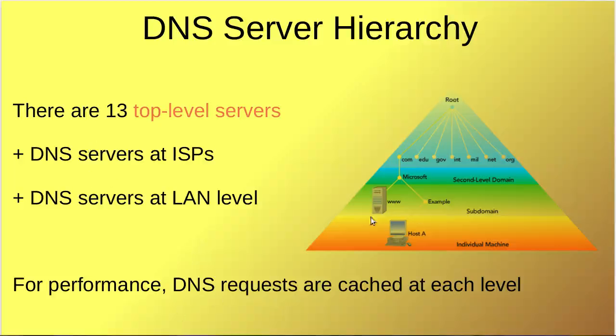So if you are at this host, an individual machine, there's maybe lots of these individual machines, of course, you will go to some local LAN level DNS server that might know where, for example, uwrf.edu is. Because if you visited in the past, then it'll cache that. And so the next time you need to access www.uwrf.edu, chances are some server will have it.